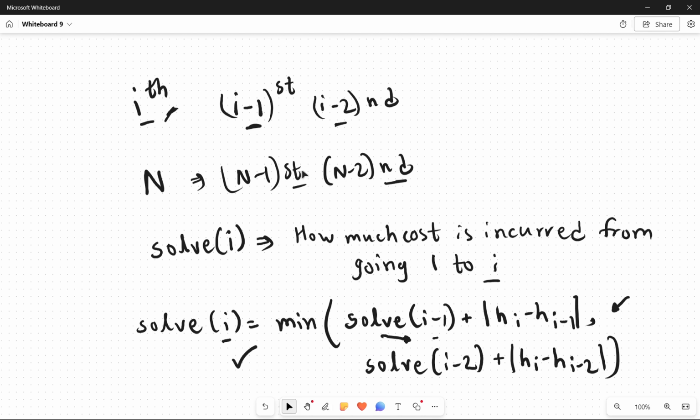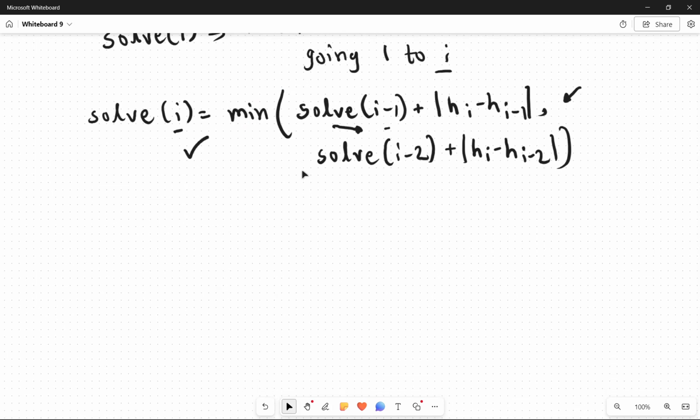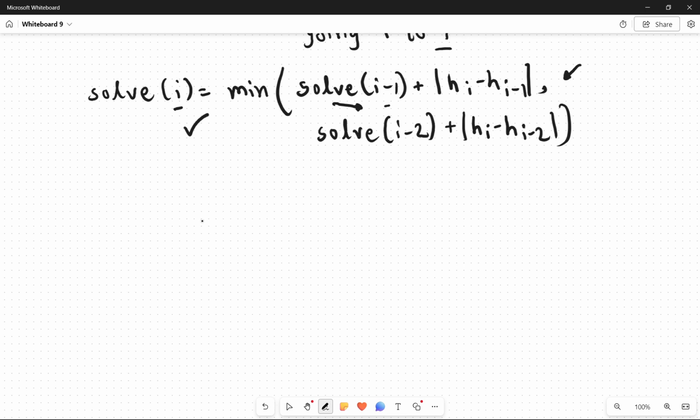And where we will use dp here is that, suppose 1 2 3 4 5 6, so 6 stones are there. Finally, my answer will be solve of n, right? Because I want to reach the nth stone.